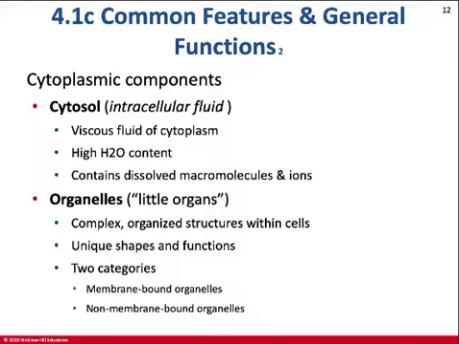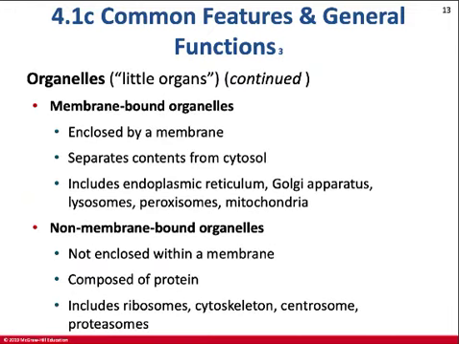The components of the cytosol are listed here, the organelles listed there. And again, the difference between the two: membranous organelles are surrounded by a phospholipid bilayer, while non-membranous are not.